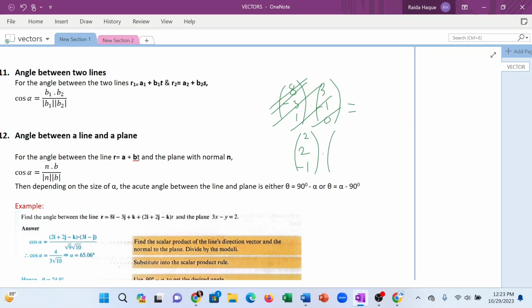I saw the equation wrong, and you have over here 3 minus 1 and 0. So simply you multiply this with this, and then you add the multiplication of this with this. So 2 into 3 is 6. Then add the multiplication of this with this. So that is minus 2. Add the multiplication of this with this, so that is plus 0. What you're left with is 4.